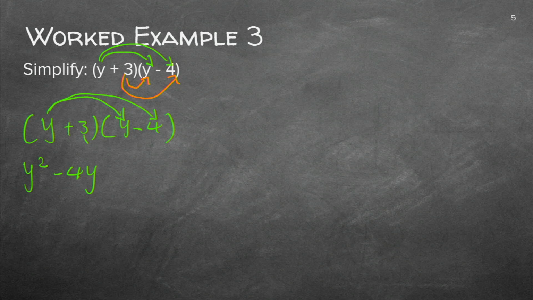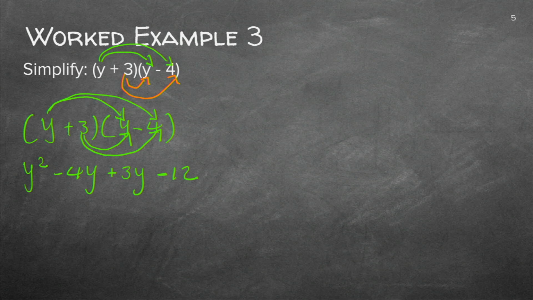You multiply again this value with the first value that side. So you're going to find yourself with plus 3y. And you multiply again with the same value to the last one. So you're going to have 3 and 4, that is going to give you a -12.